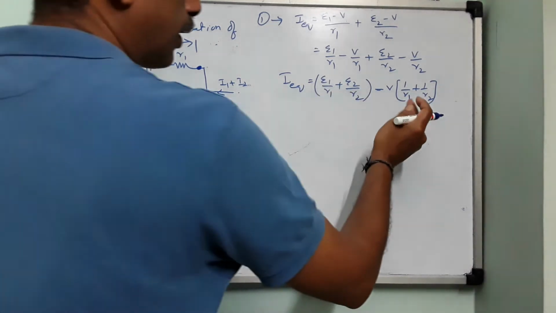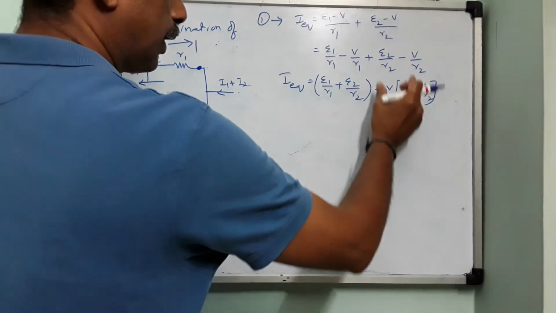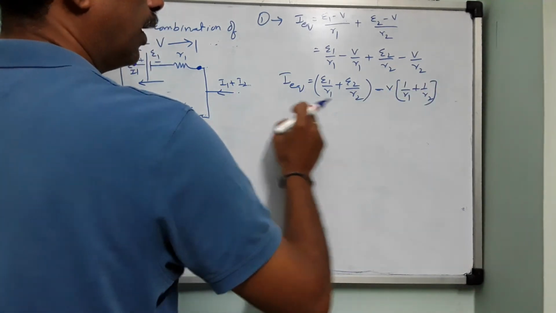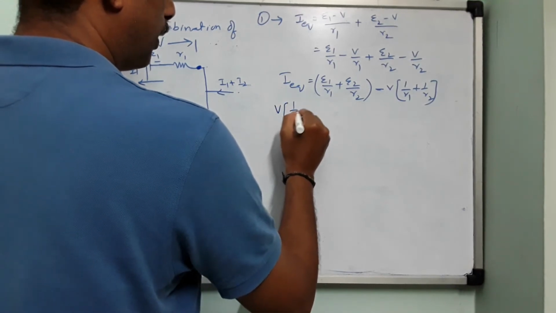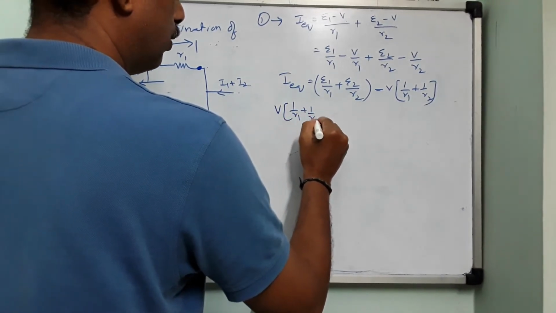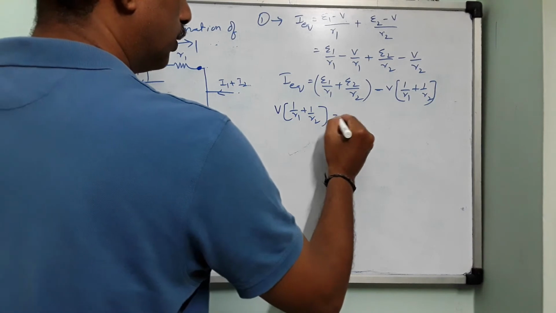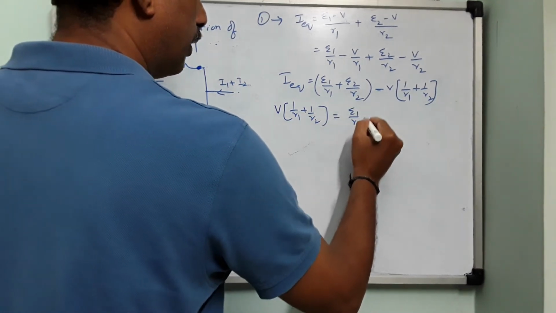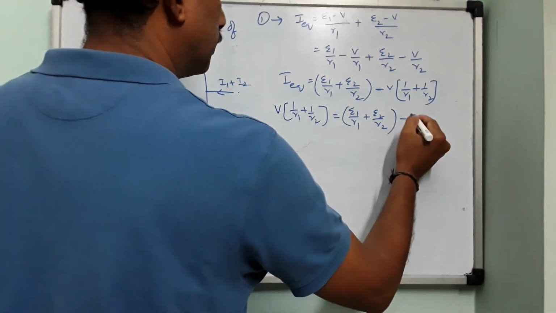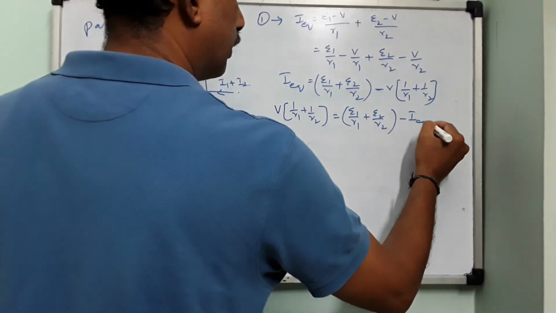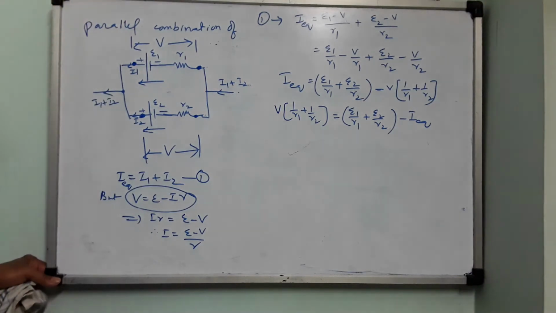Okay, for that what I do is bring this entire thing towards the left side and take I to the right side. So V into (1 by R1 plus 1 by R2) will become positive on this side. So this will be E1 by R1 plus E2 by R2, minus I equivalent. That current will go that side. Fine.